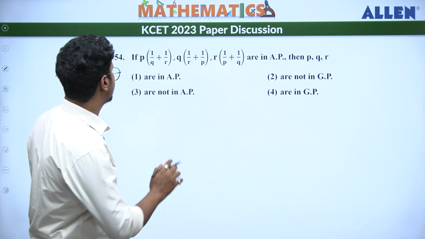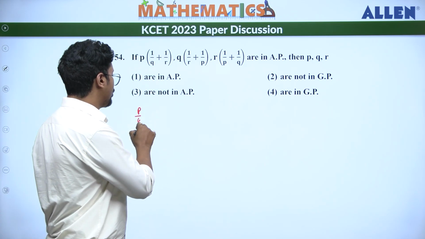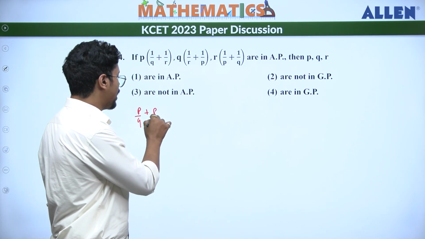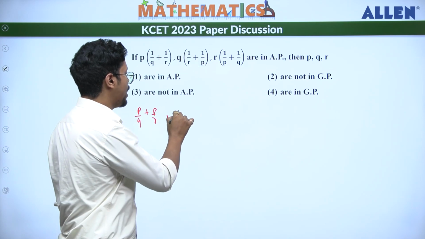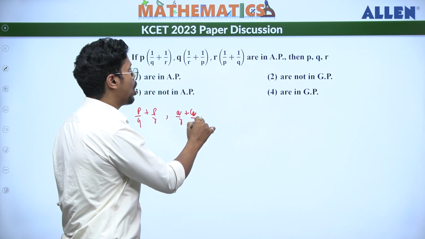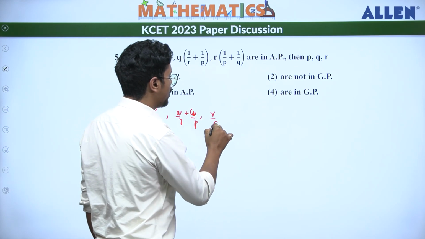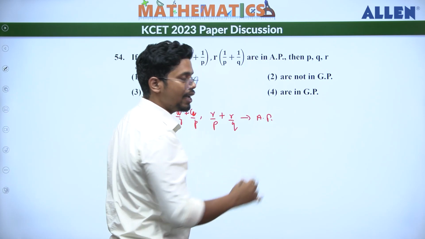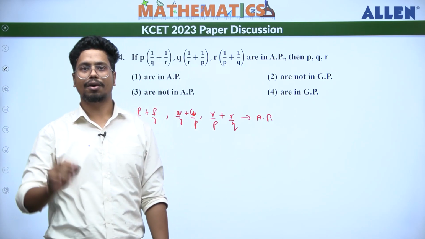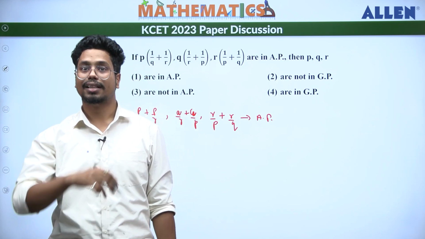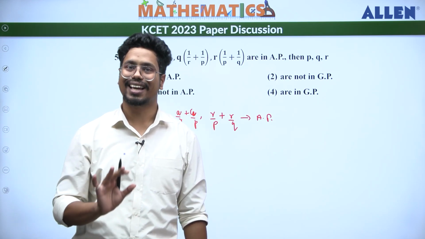Now let us try to understand, all of you. If you simplify, this will become P by Q plus P by R, comma, Q by R plus Q by P, comma, R by P plus R by Q. They are in AP. Now there is one property. Whenever you add a constant number to each and every term of the AP, the resultant sequence is also in AP only.